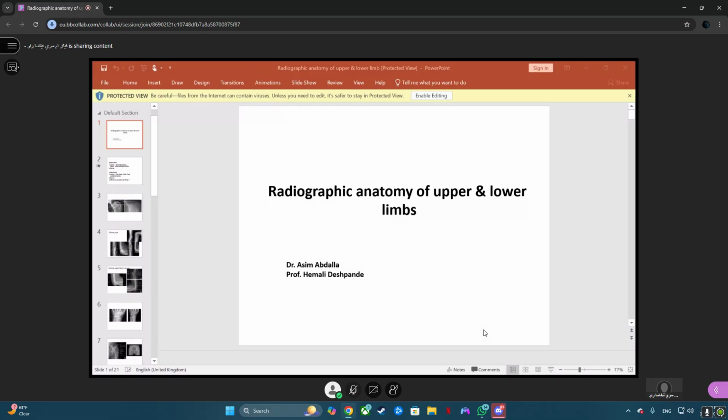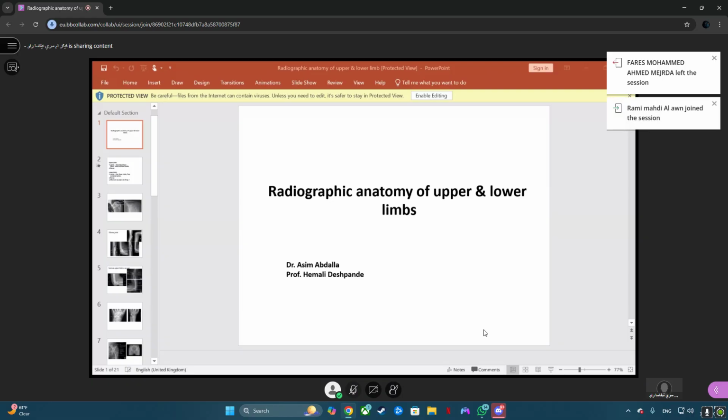So let us see what we can see in the X-ray. Now you are seeing a picture. The arrow is pointing to an X-ray. The right one is an X-ray without any label. Whenever you are practicing in the clinic, now you are studying the basic sciences, but in future you are going to the hospital side.